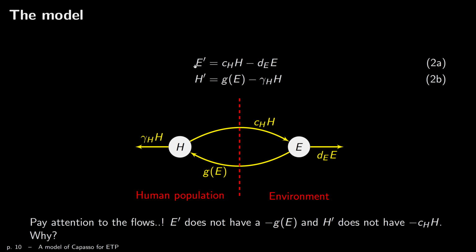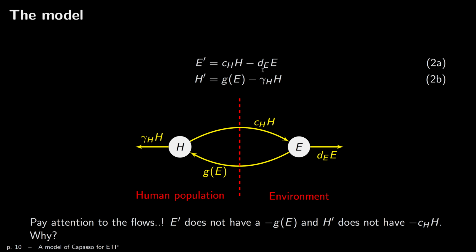Likewise, the number of pathogens in the environment is a linear function of the number of humans who are infected. So the more humans are infected, the faster the growth of the number of pathogens in the environment. And the negative term here is not one that goes into H, it's one that just says these pathogens in the environment, they die after some time.